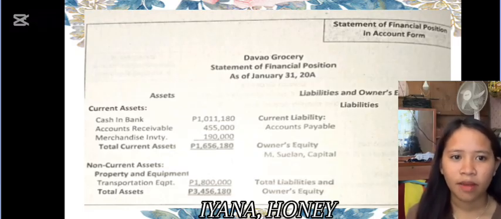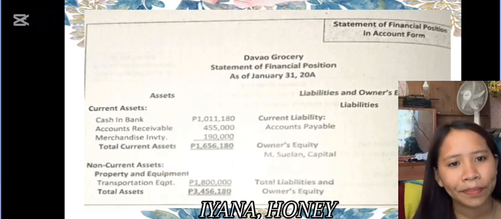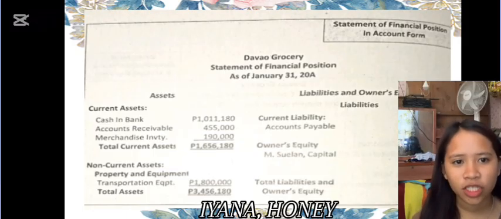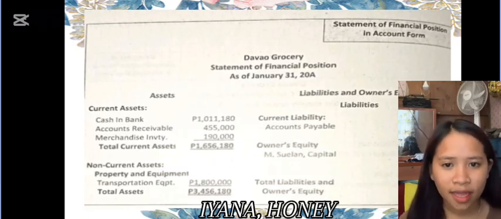Non-current assets, property and equipment: transportation equipment is 1,008,000.